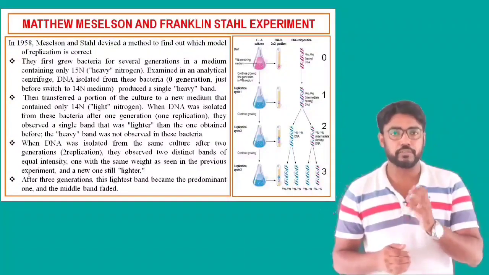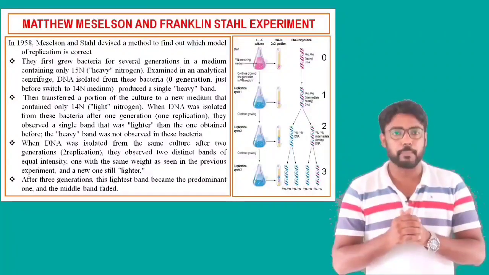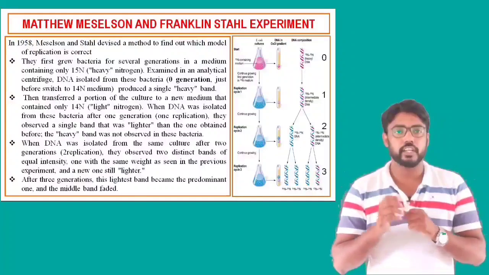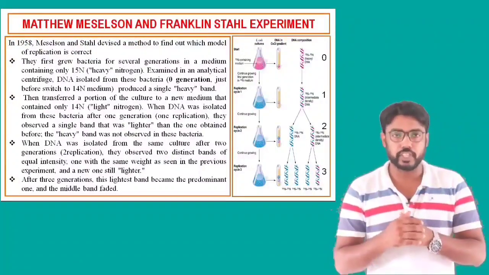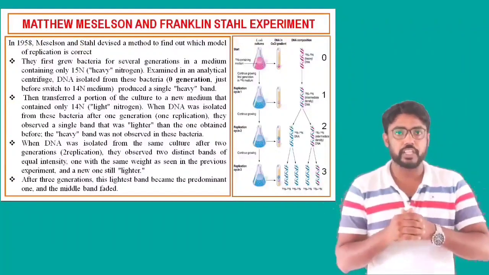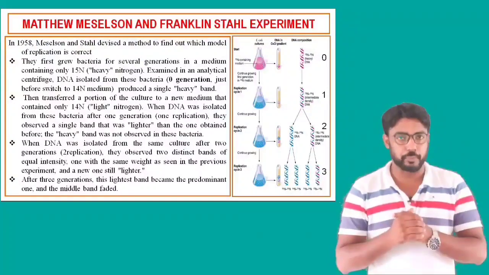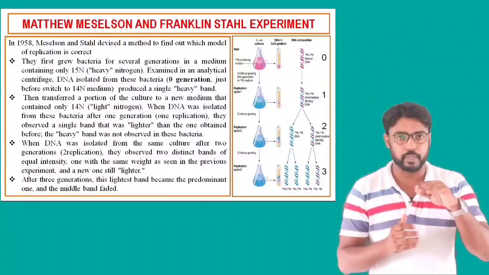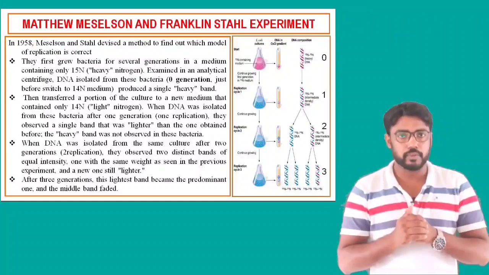they isolated DNA from this bacteria and ran cesium chloride centrifugation. They found that only one band appeared, but it was not similar to the band formed in the zero generation bacteria.